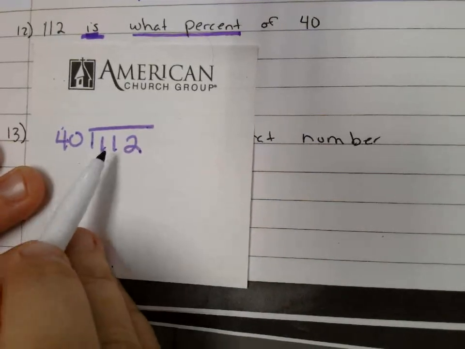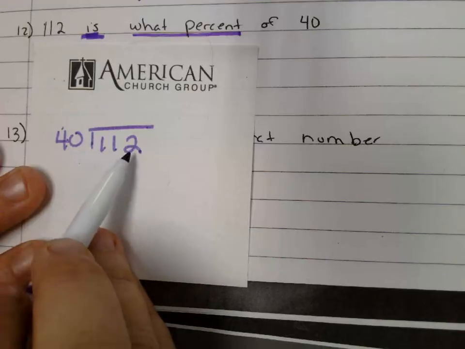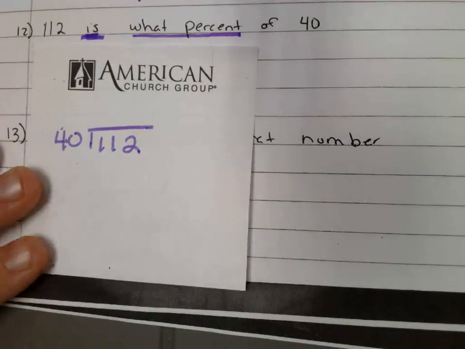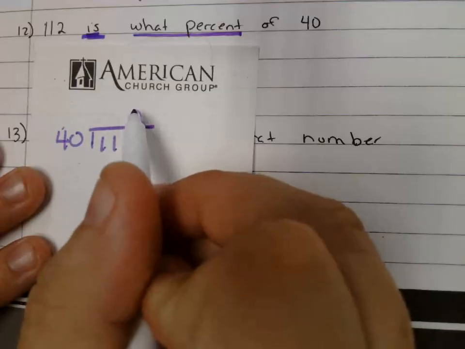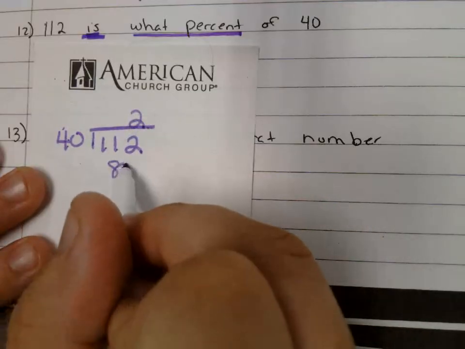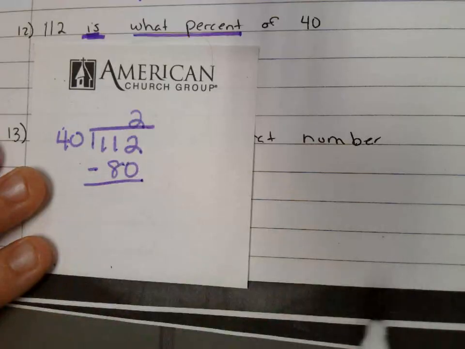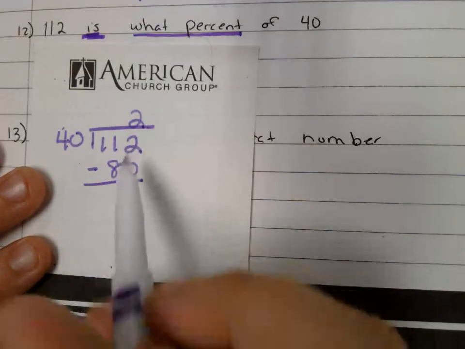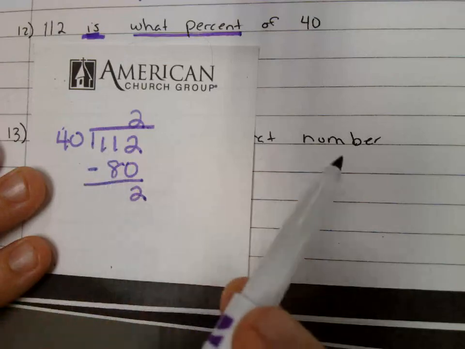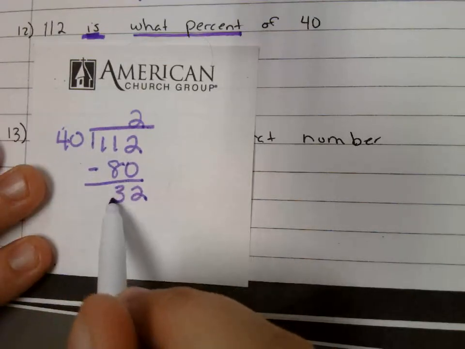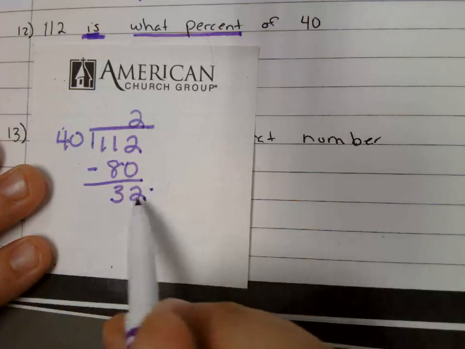Okay, 40 doesn't go into 1, it doesn't go into 11, but it does go into 112. How many times would 40 go into 112? Twice. 2 times 40 is 80. Okay, and then I'm going to subtract. 2 minus 0 is 2. And 11 minus 8 is 3. So 32.